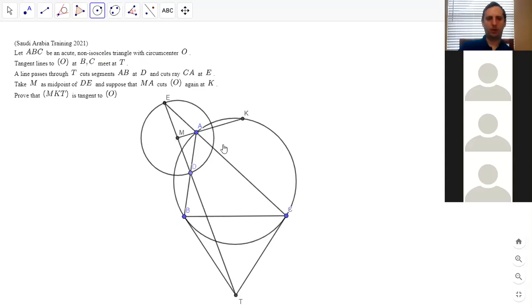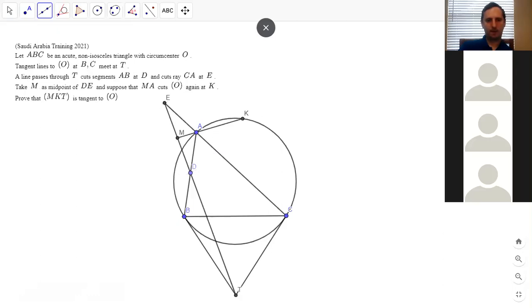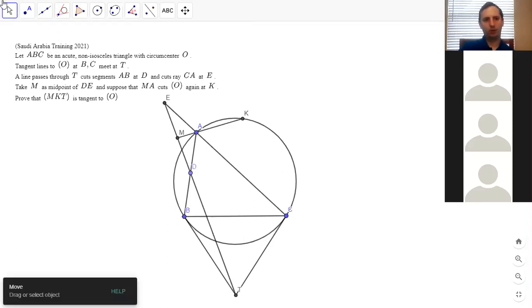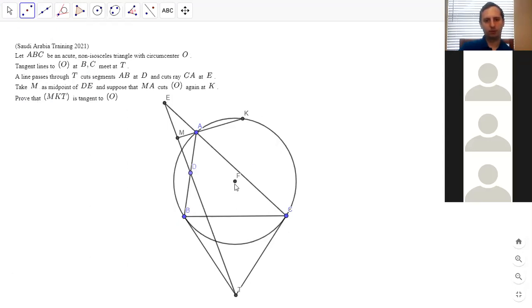So maybe it's worth dropping a perpendicular from B to AC. Are D, F, and K collinear? That would be very surprising to me. No, they're not. They never use the point O in the problem, but I'm going to draw it anyway.